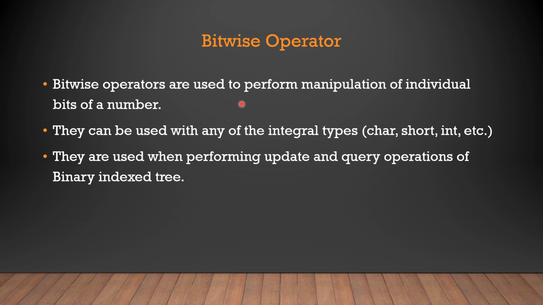And where do we use this bitwise operator? We use it when we are going to perform update and query operations of a binary index tree. I hope all these concepts are clear to you.